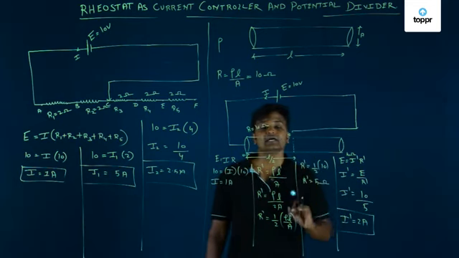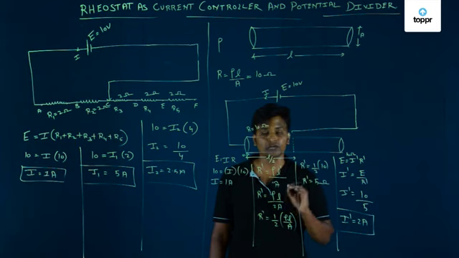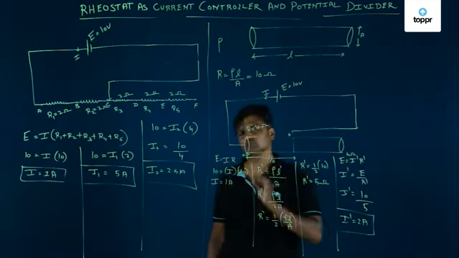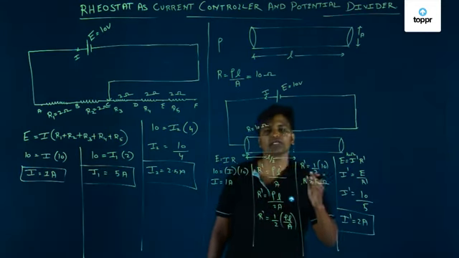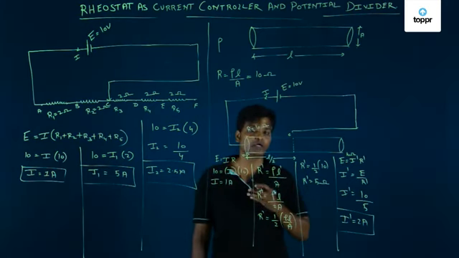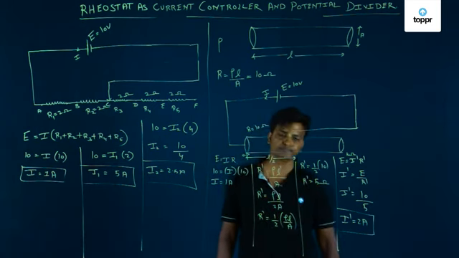And this is nothing but a rheostat. What is this called? A rheostat. So a rheostat is a variable resistance, a continuously varying resistance. It can increase continuously or decrease continuously, so that we can control the current in continuous increasing order or in continuous decreasing order. Right?